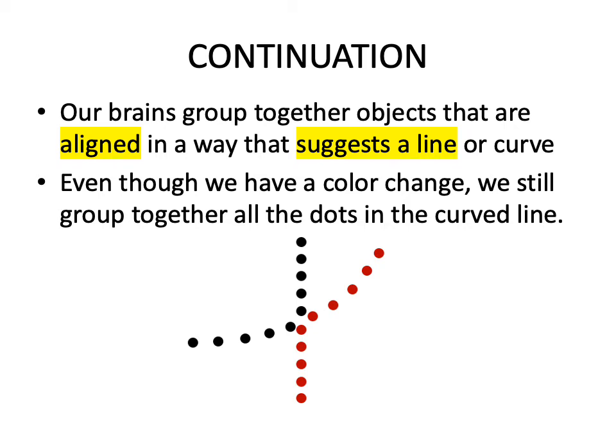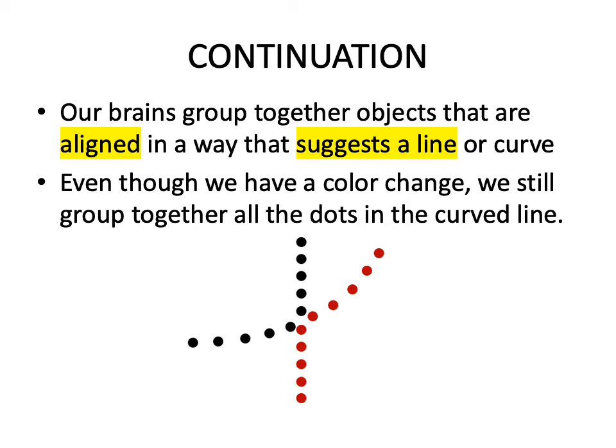So we group those together, rather than seeing color as the organizing force, right? That color difference. We don't look at this area here as a group and this area here as a group. We go across up that continued implied path and this continued implied path.